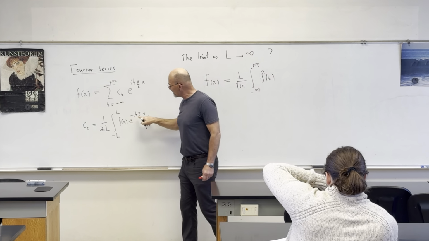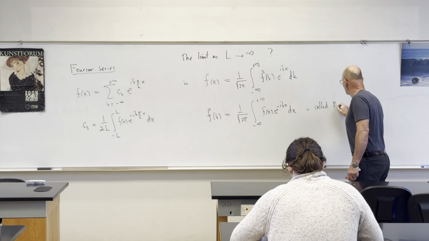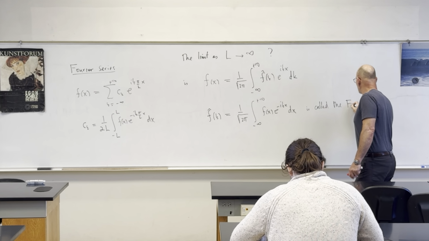And down here, the function of k appears up here, and we're integrating over the x. This is called the Fourier transform. Let me go ahead and get the board just through.